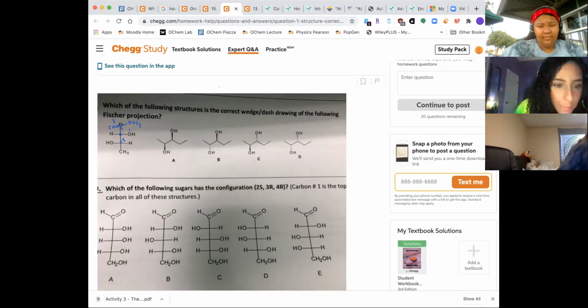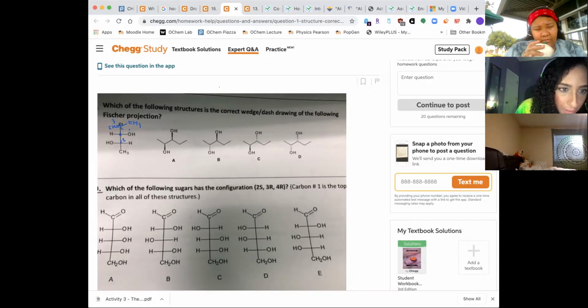So that's supposed to be CH2 right there, and those little lines are just the hydrogens for that first carbon.